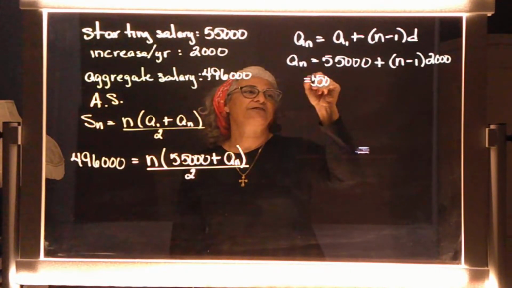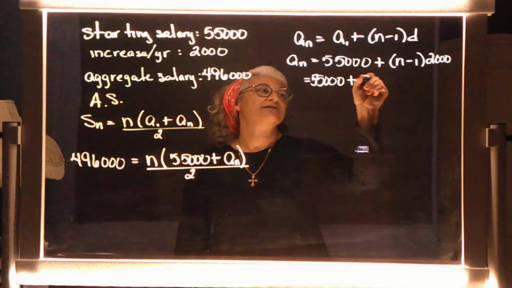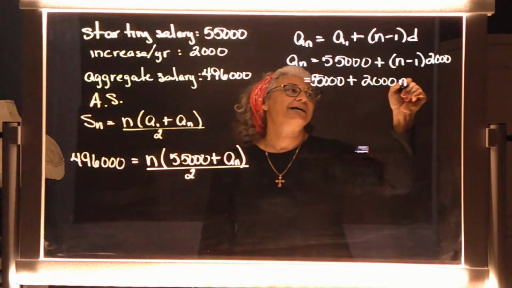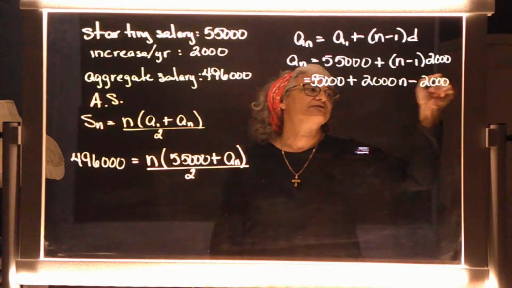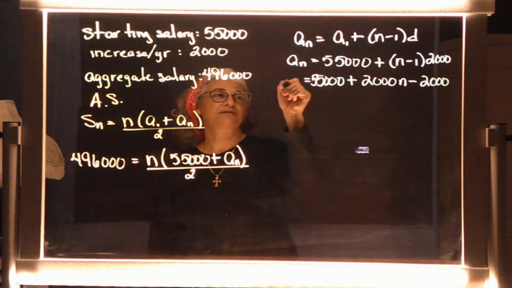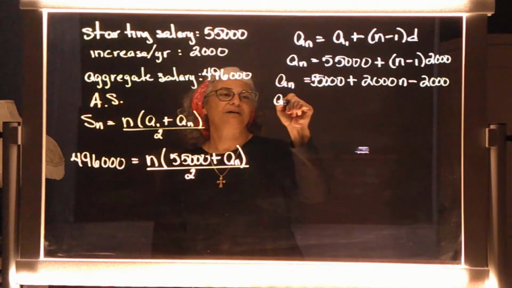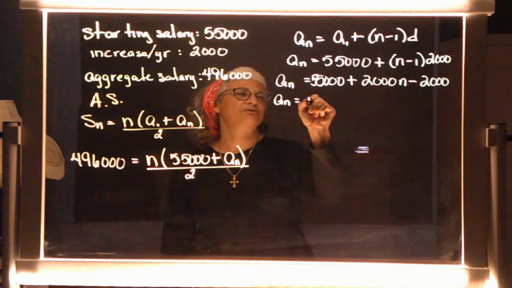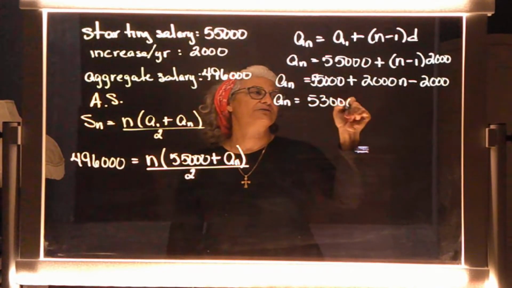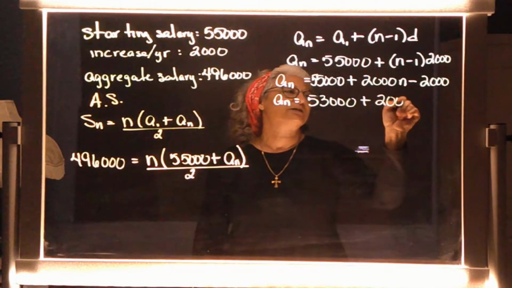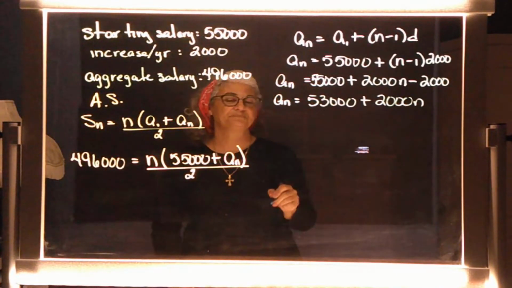So I have 55,000 plus 2,000 n minus 2,000. Agreed? This is equal to a sub n. And finally, a sub n is equal to, that looks like 53,000 plus 2,000 n. Yes?